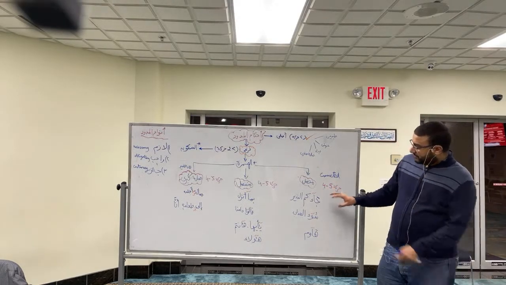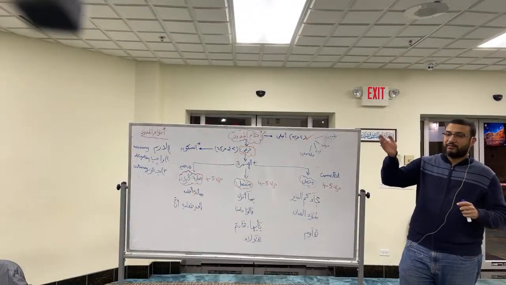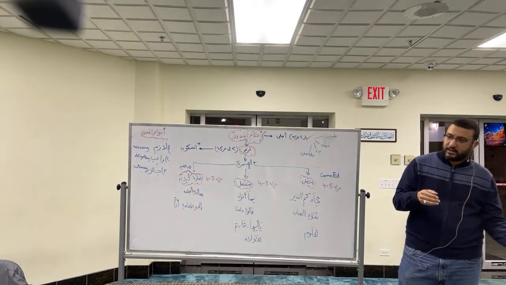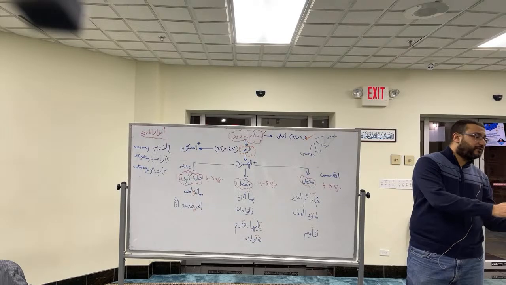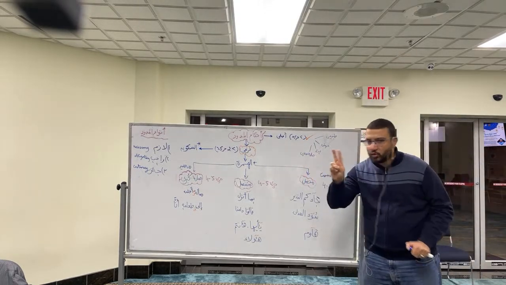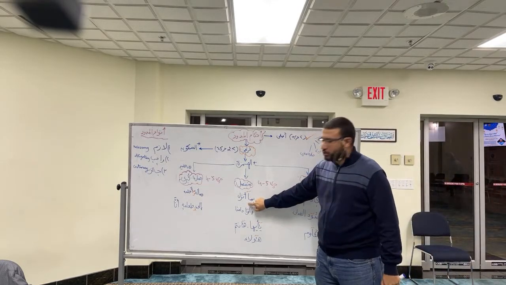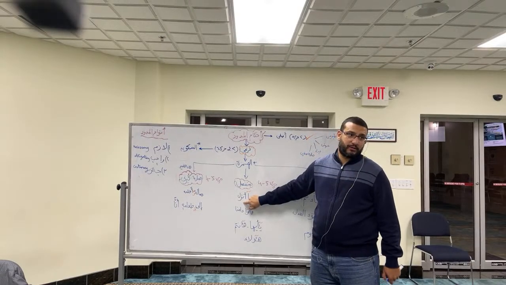Now, what if the same situation happens? You have a mad, which is basically a harf with a fatha followed by an alif, or a harf with a kasr followed by a ya, or a harf with a dhamma followed by a waw, and then a hamza comes after. But they're occurring in two separate words. So the mad is coming at the end of one word, and the hamza is coming at the beginning of the next word.